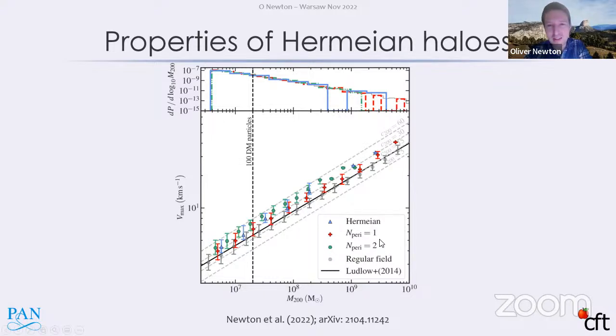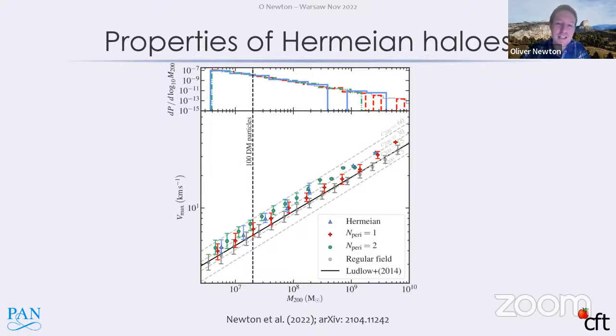So naively, you would expect that a backsplash halo that has had 2 pericentric passages would have properties similar to the Hermeians, which have experienced 2 passages with 2 different halos. And this is what we seem to see. So the reason we've plotted this out is because at fixed mass, halos that have a higher circular velocity have a higher concentration relative to those with lower circular velocity at fixed mass.